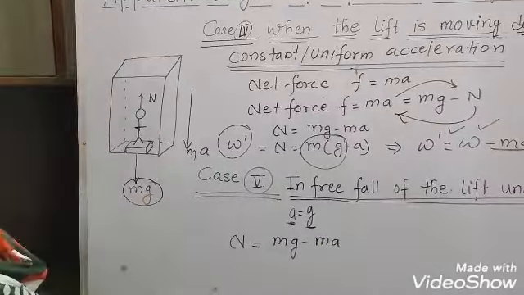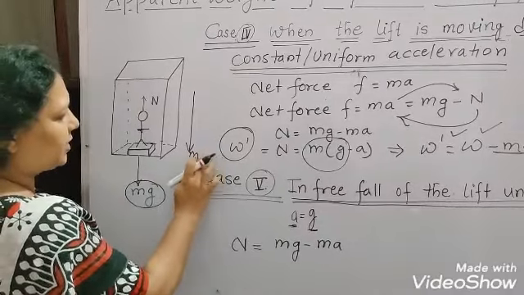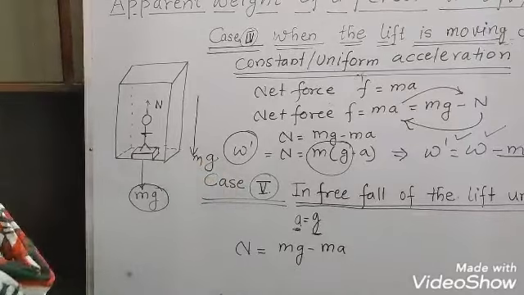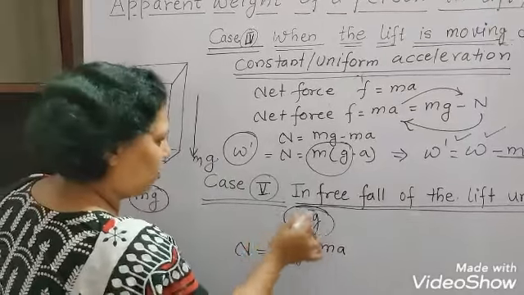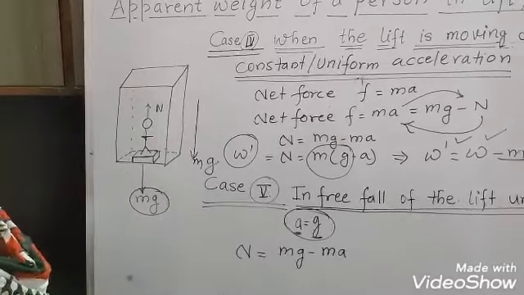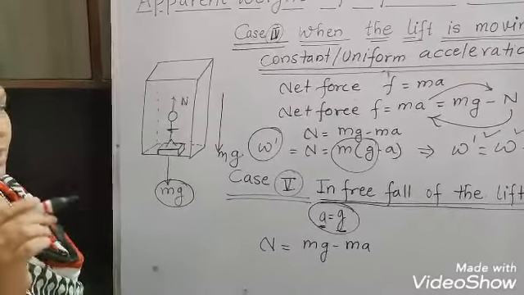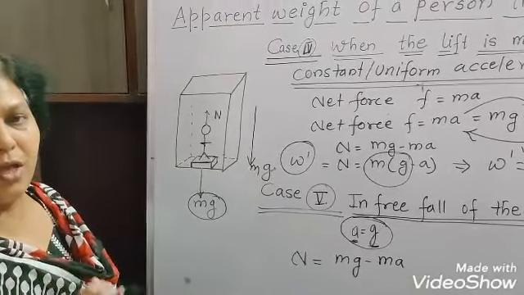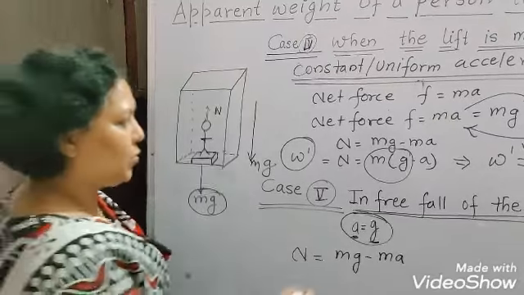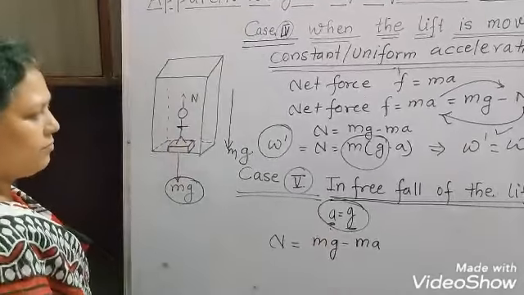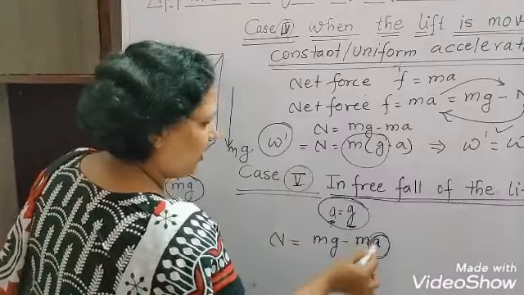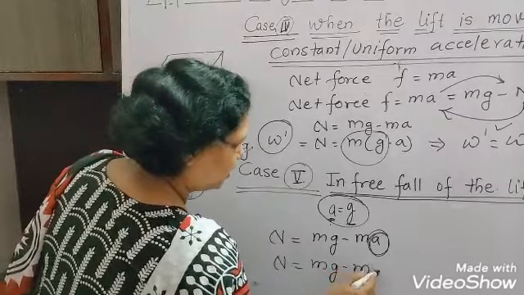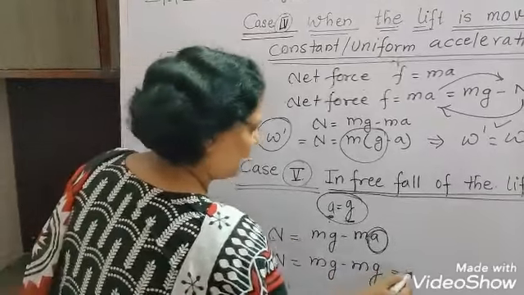But what you are finding here is that the acceleration is now equal to g, because the lift is falling freely. That means it is falling under the influence of acceleration due to gravity. So a is equal to g, and we replace this a with g. So it is equal to mg minus mg, or we can say 0.